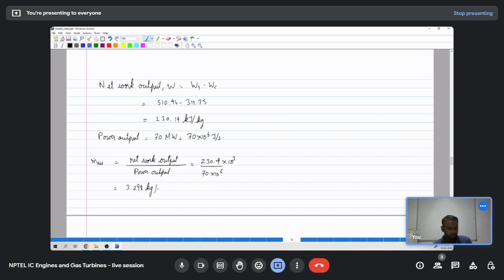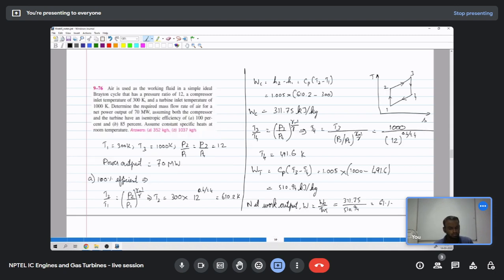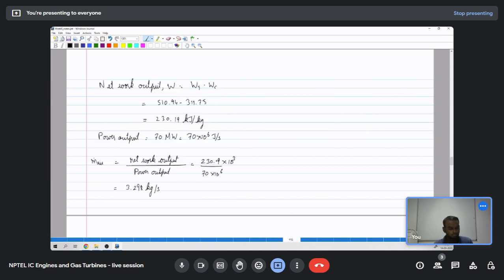So 3.29 into 10 power minus 3 kg per second.